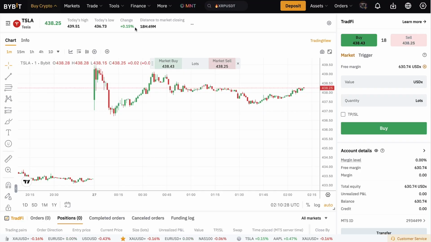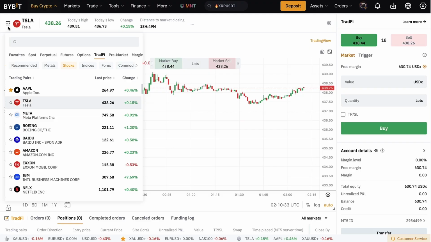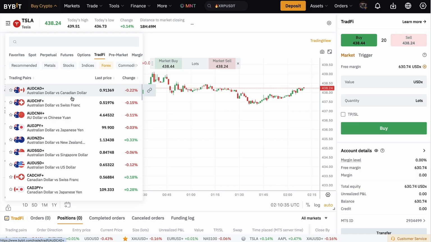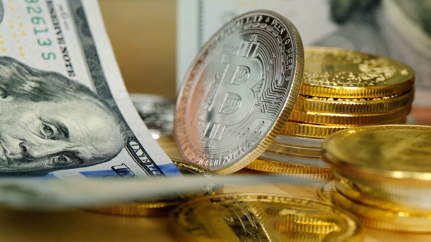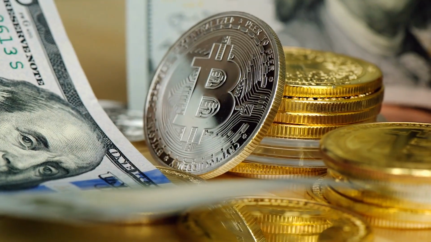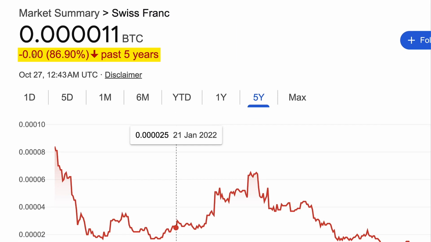The second massive risk is of course the opportunity cost, because let's say that you are trading these Forex products, you could be using that money also elsewhere, and oftentimes in more profitable places. Just to show you an example, Swiss franc has been one of the best performing government currencies in the world in the last couple of years, and it still has lost more than 86% of its value in the last 5 years against Bitcoin.